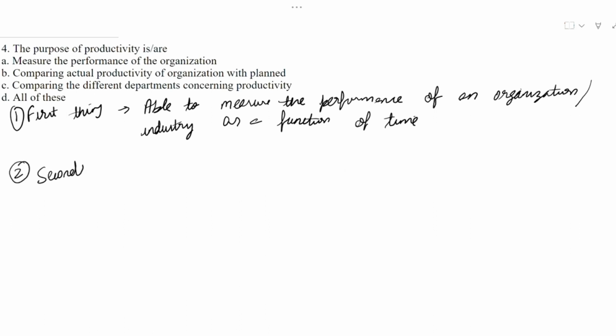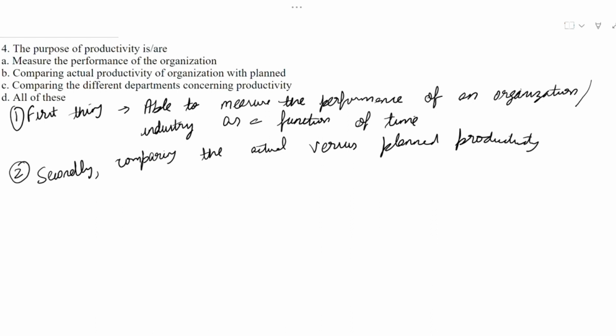Secondly, comparing the actual versus planned productivity of an organization.